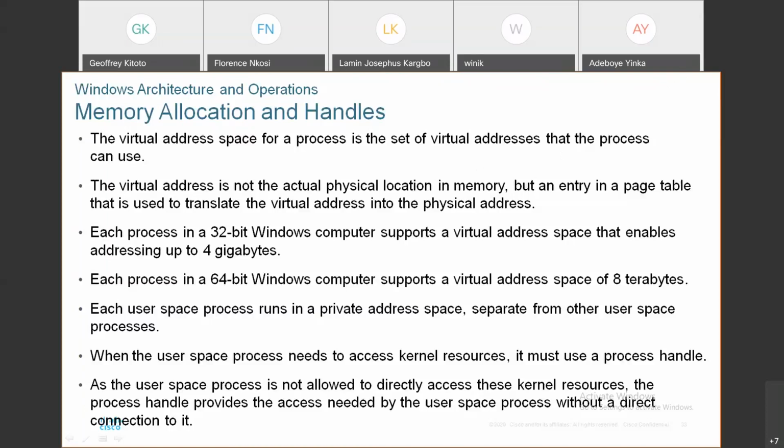Each process on a 32-bit Windows computer supports a virtual address space that enables addressing of up to 4 gigabytes. And again, each process on a 64-bit Windows computer supports a virtual address space of 8 terabytes, where each user space process runs in a private address space separate from other user space processes.